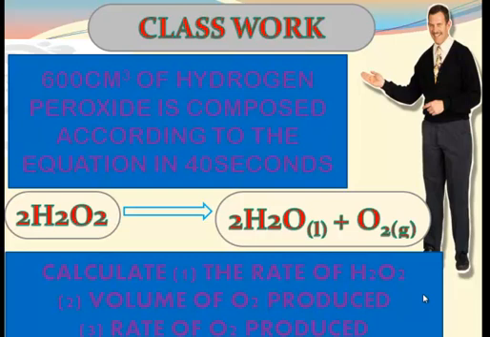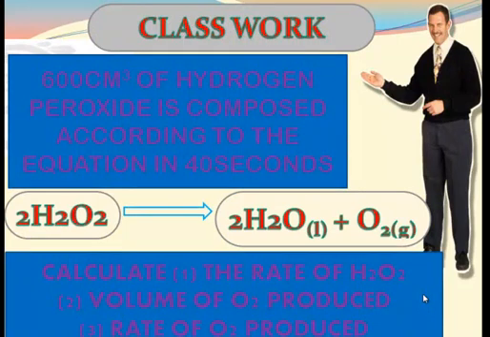Can you remember this? We are going to apply Gay-Lussac law of combining volume. When gases react, they do so in volumes which are in a simple whole number ratio to one another and to the volume of the products, provided temperature and pressure remain constant.